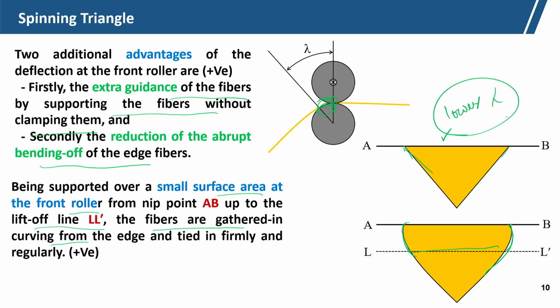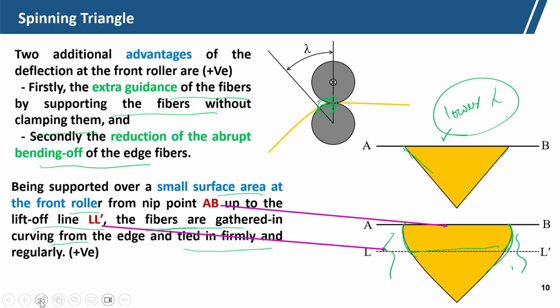The changes will be in curved form. So, it is going up to LL and the fibers are gathered in curved form at the edge and tied in firmly and regularly. In this way the fibers do not go as fly or hairs; there will be a smooth transition. That is a positive aspect here.